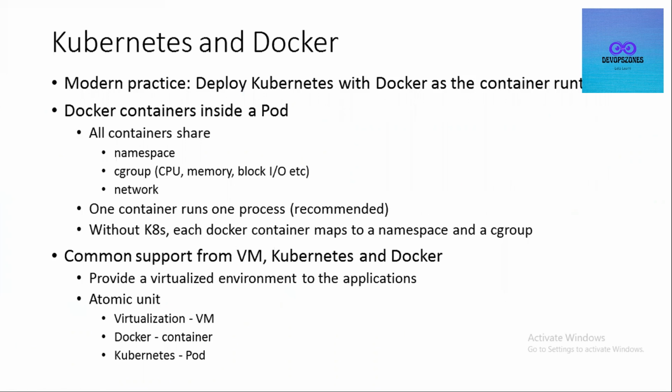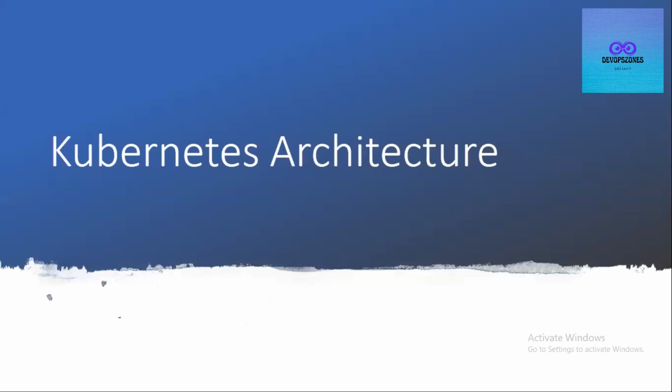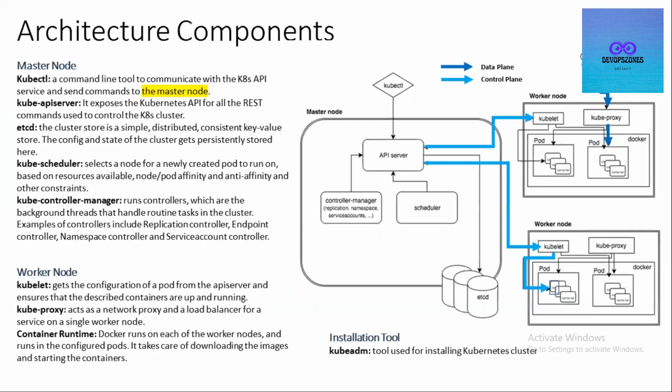So let's get into Kubernetes architecture, right? If you see it here, we have two things in Kubernetes architecture broadly: a controller node or master node, and then you have worker nodes, right?